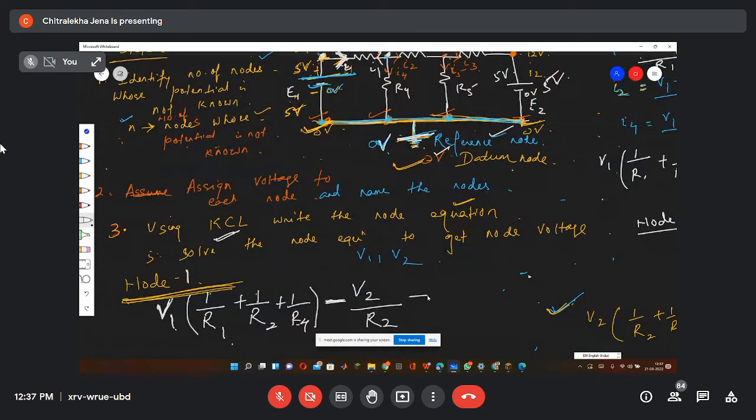Then again minus the ratio of the potential of the adjacent battery, the battery adjacent to node 1, to the interconnecting resistance, equal to 0.